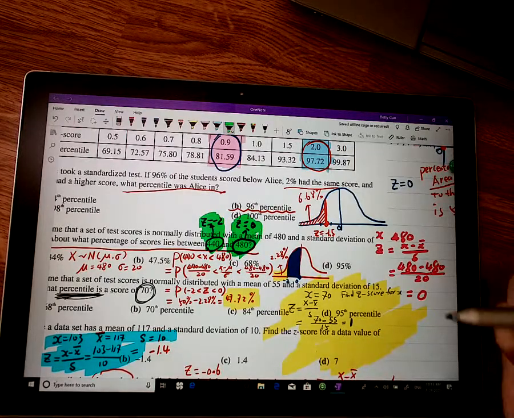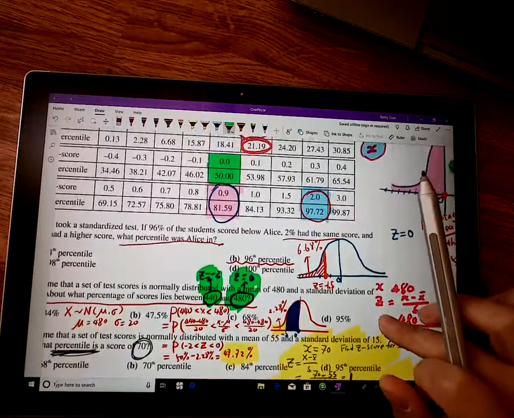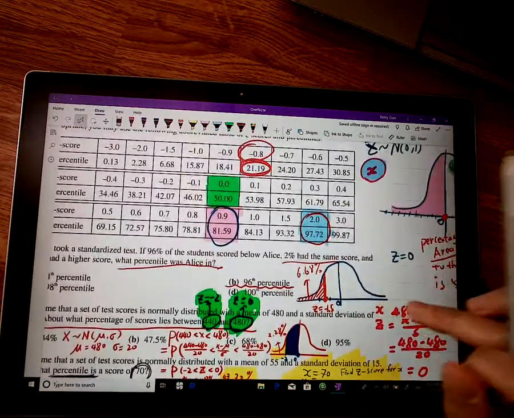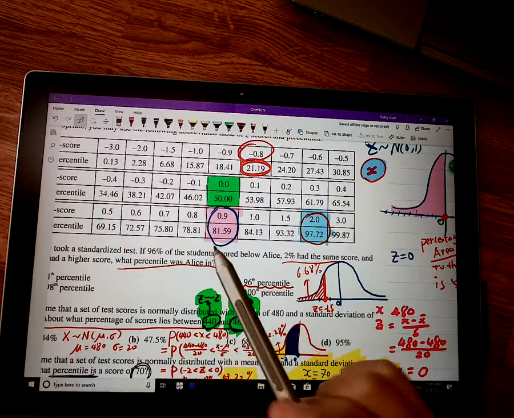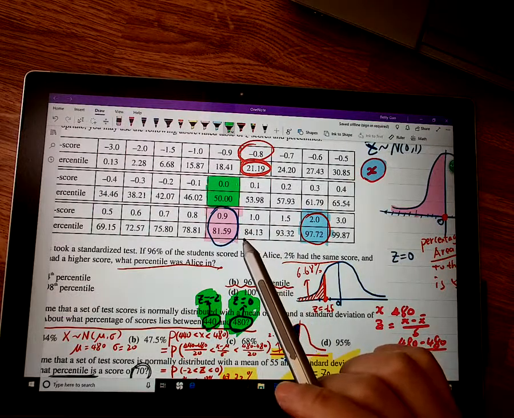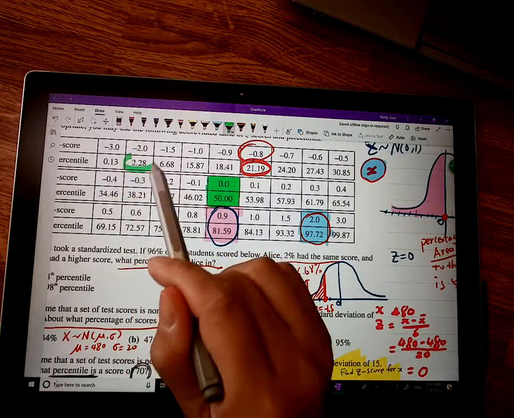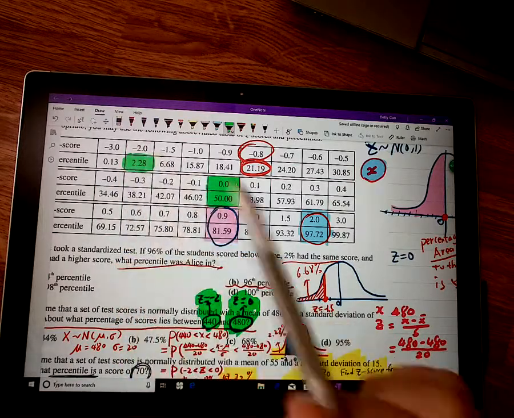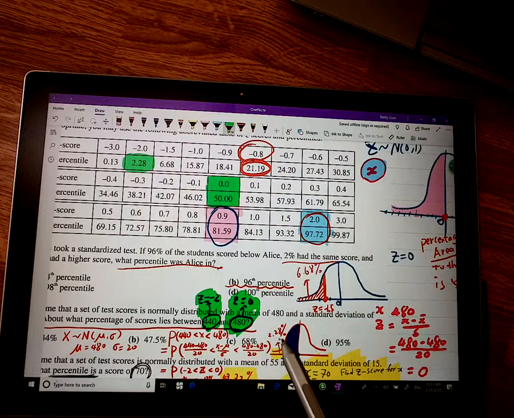Okay, so look at the table. The table gives us the corresponding percentile for the given Z-score. If the Z-score is -2, where is it? Here. If the Z-score is -2, the percentile is 2.28%. Do you see this diagram?